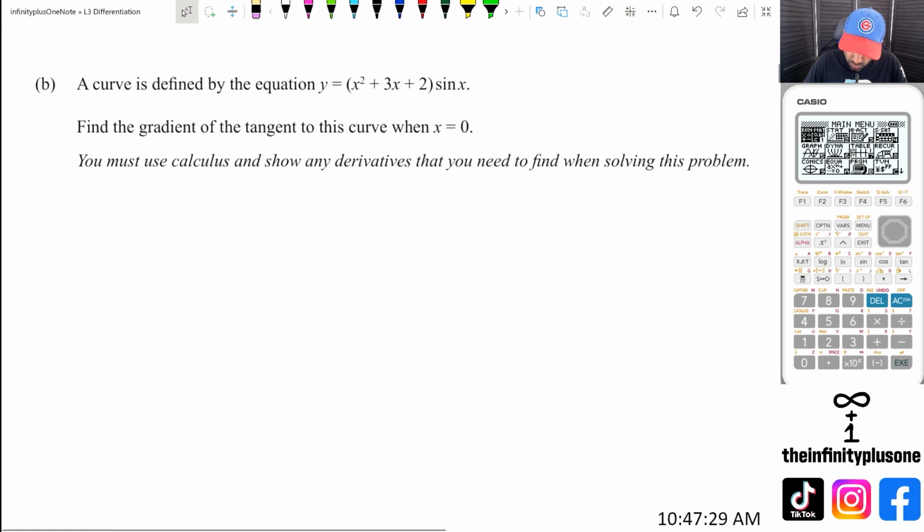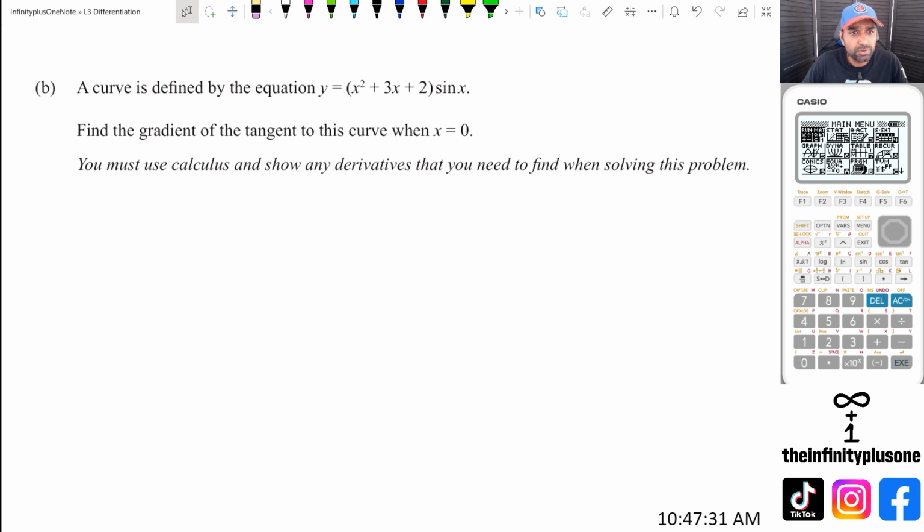Going to question 1b. What we've got is a curve that's defined by this equation. Find the gradient of the tangent to the curve when x equals 0. So we're looking for f dash of 0, so we need to figure out what f dash of x is. Now, this is actually going to be a product rule because there are two functions getting multiplied here.